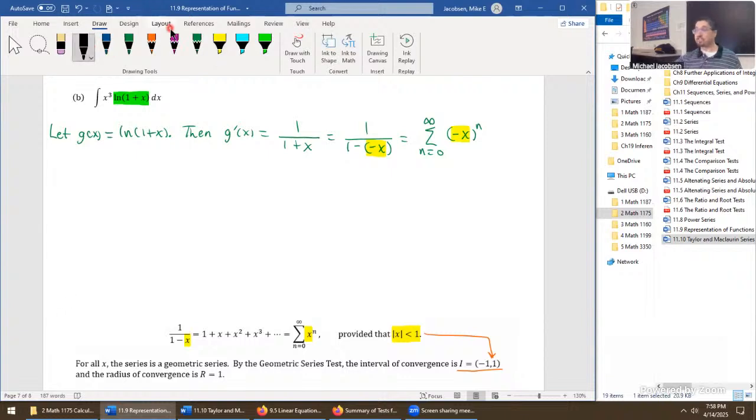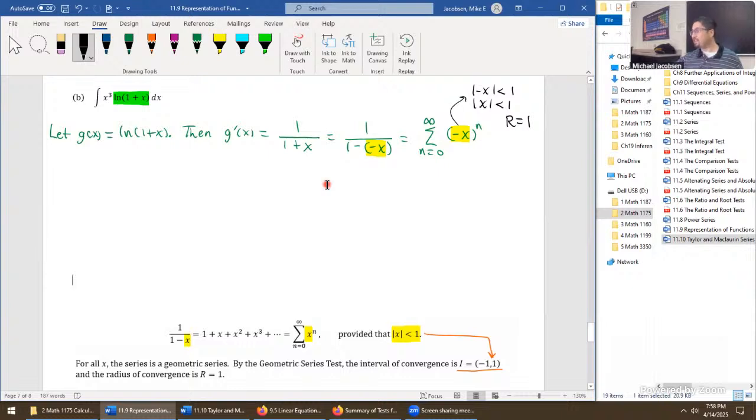Next, also state the radius of convergence. We would be taking the absolute value of negative x, set it equal to less than 1. But then that just implies absolute value of x is less than 1. And so radius of convergence on this, exactly 1 as well. Usually nothing too fancy with the radius of convergence on these kind of problems.